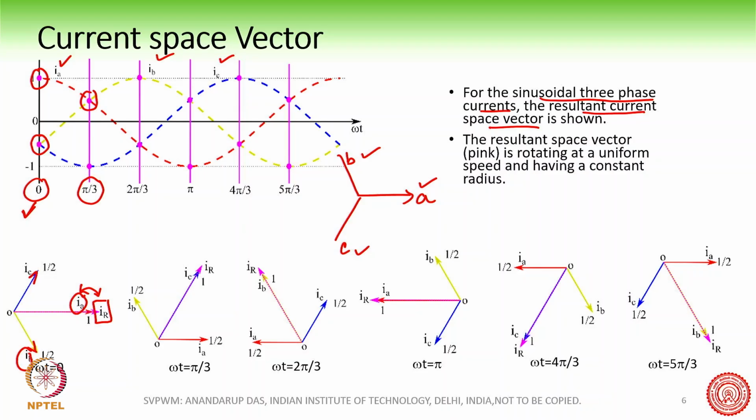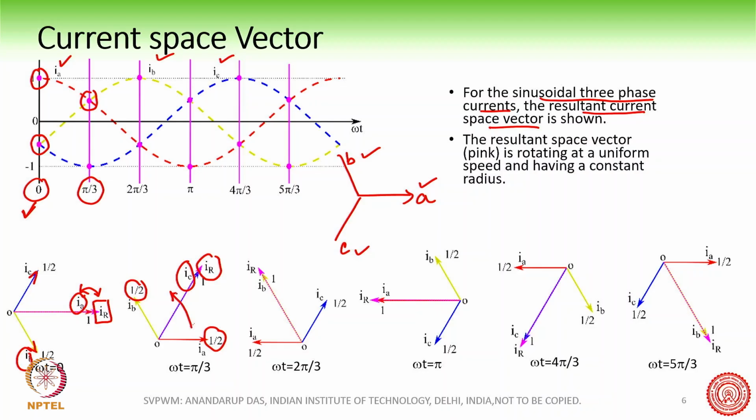And therefore the resultant space vector comes here. So we can understand now that as the three-phase quantities take up different values with respect to time, the space vector is basically rotating.